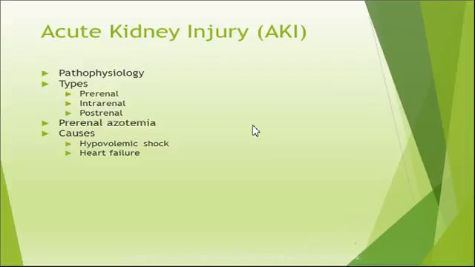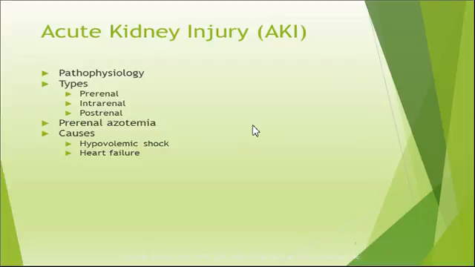Acute kidney injury is more common in the acute care setting or the hospital, whereas you will see more chronic kidney disease in community settings like physicians' offices, clinics, things along those lines, or it can exist along with a different condition in the acute care setting.